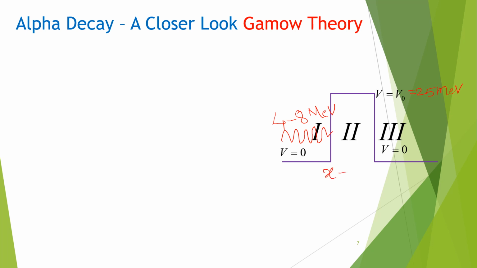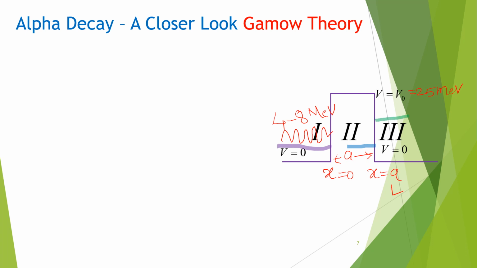This is the point x equal to 0. This is the point x equal to a. Sometimes I was referring to this as L, it does not matter. A is the width of the potential barrier, and here we have three regions. Region 1, we have for x less than 0. Then we have the region x equal to 0 to x equal to a, and the third region is x greater than L.